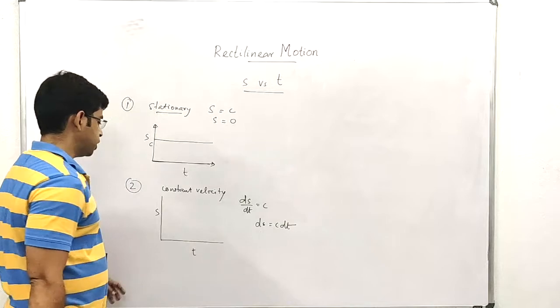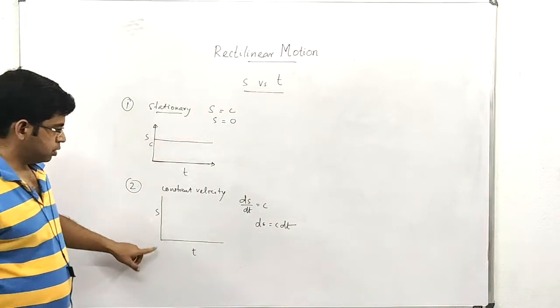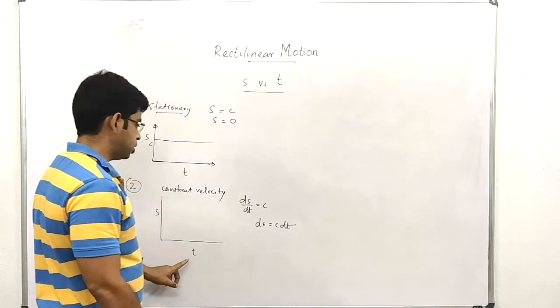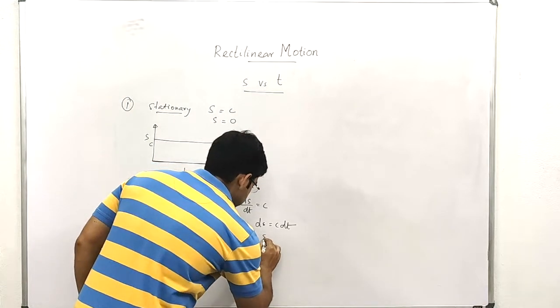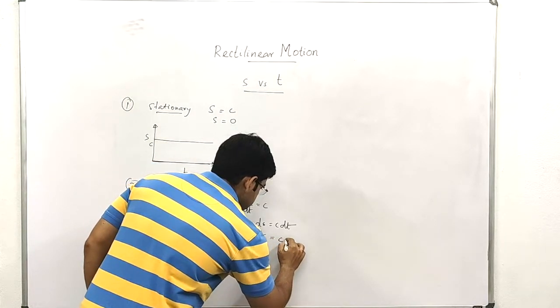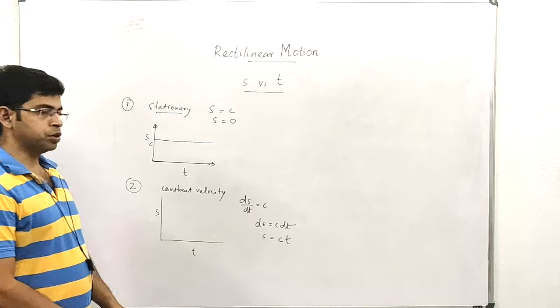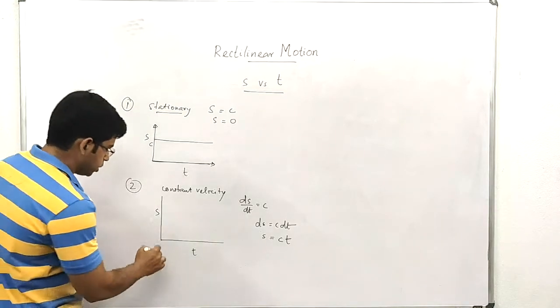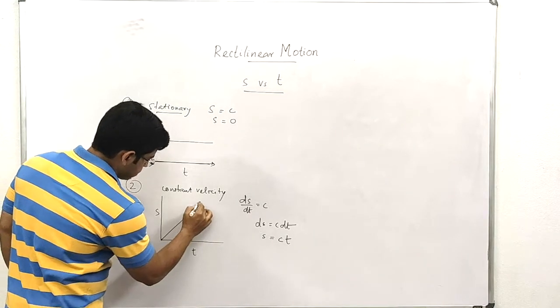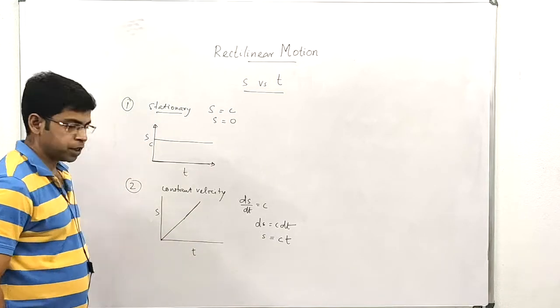Here in place of ds we are using s, and in place of dt we are using t. So we can write this equation s equals constant multiplied by t. So this is basically a straight line equation passing through origin. So this will be the nature of the plot.